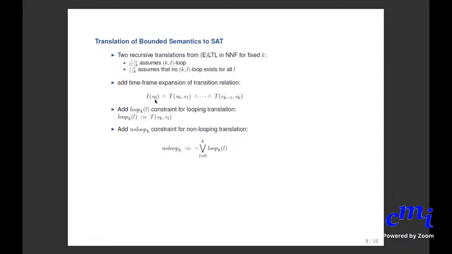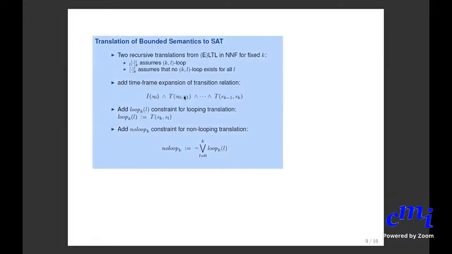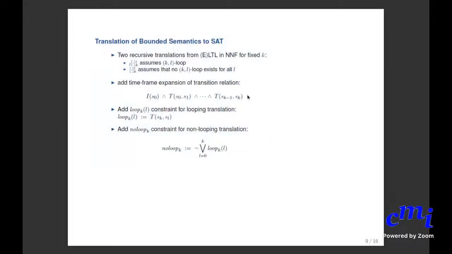As always, in bounded model checking, there is a part that characterizes the fact that S naught through SK is a legitimate k-long prefix of an execution trace starting from an initial state, that is represented by this BMC formula.